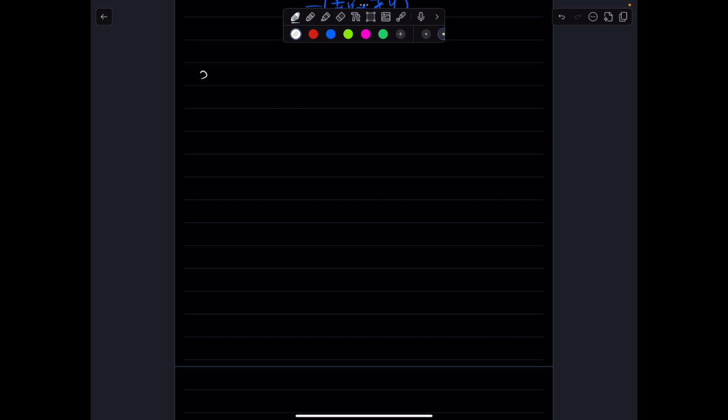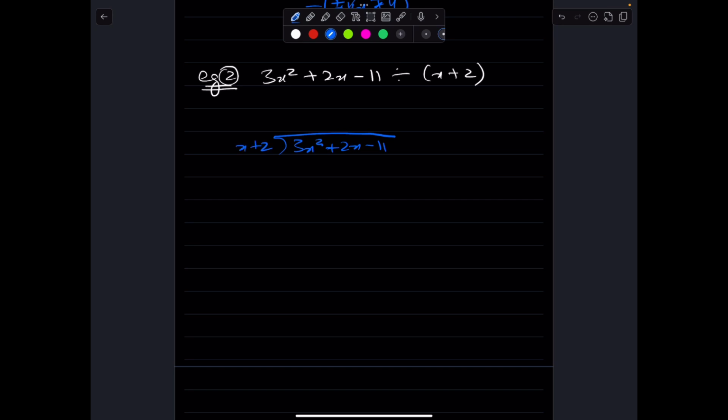So, for our second example, we can have something like 3x square plus 2x minus 11 divided by x plus 2. We'll speed things up a bit. So, we have 3x square plus 2x minus 11 and x plus 2. So, we'll have to multiply x by 3x and we'll have 3x square plus 6x here.